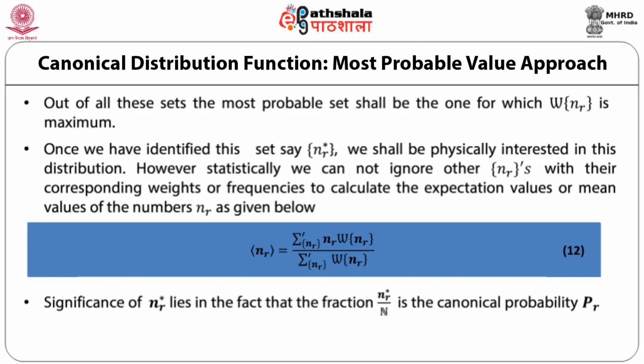The mean of NR is equal to the summation over the sets {NR} of NR multiplied by W{NR}, divided by the summation over {NR} of W{NR}.